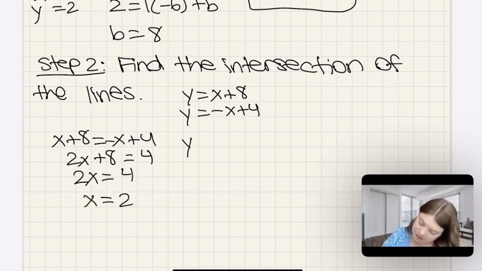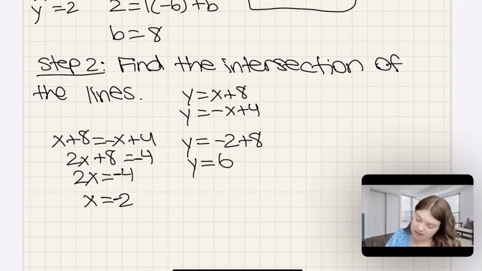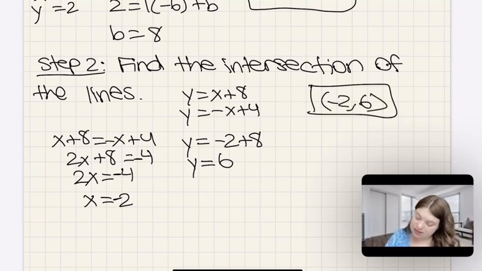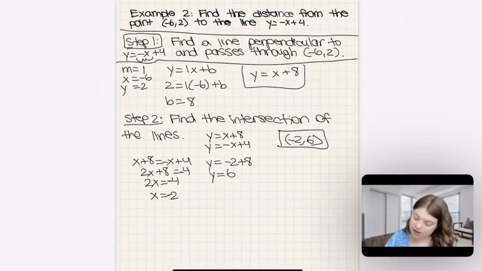My apologies, I made a mistake there earlier. Then if we sub that back into the first equation, y equals x plus 8, we get y is equal to -2 plus 8, which means y is equal to 6. And so the other point is -2, 6. That's where the lines intersect.